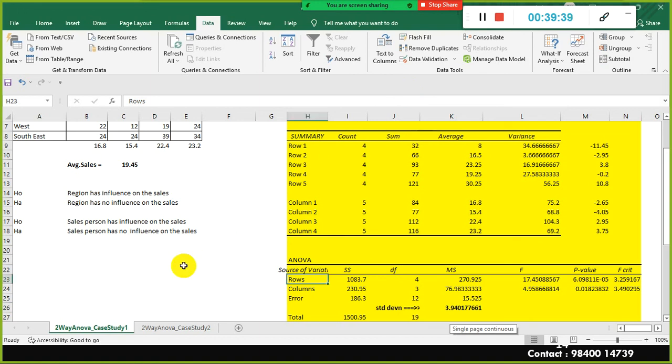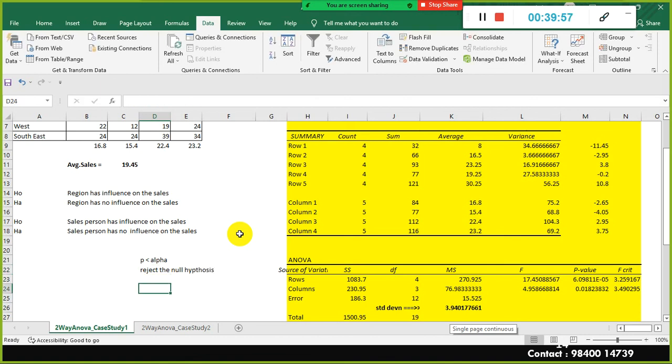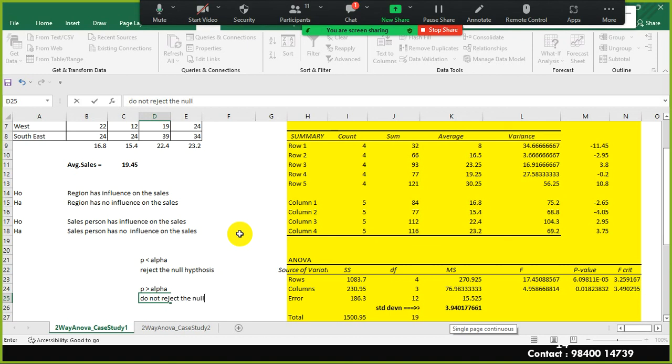See guys, please remember, P is less than alpha, reject the null hypothesis. Please memorize. If the P value is greater than alpha, do not reject. Don't say accept, do not reject the null hypothesis.